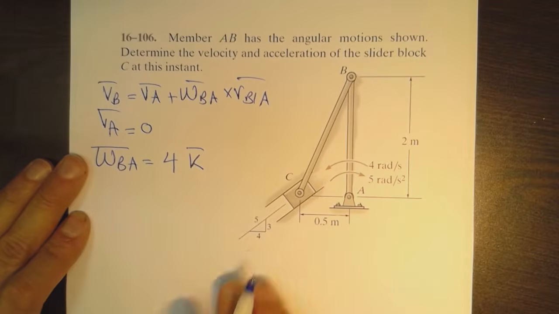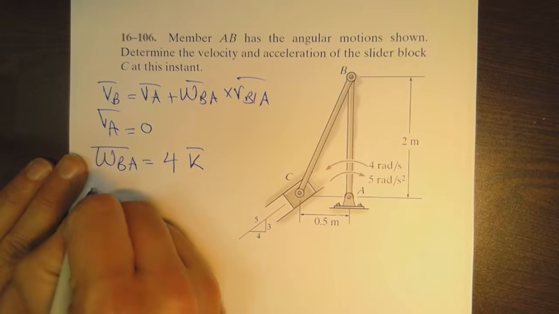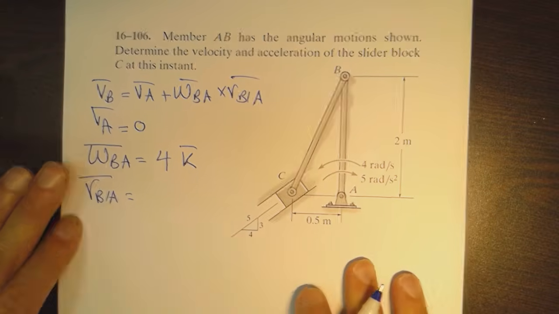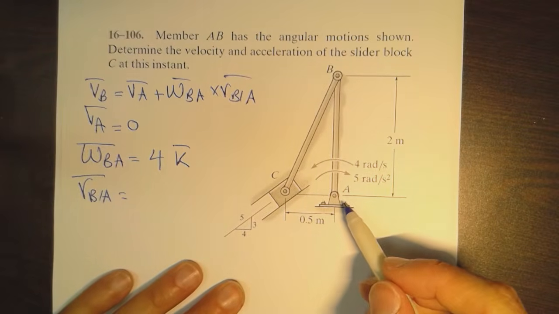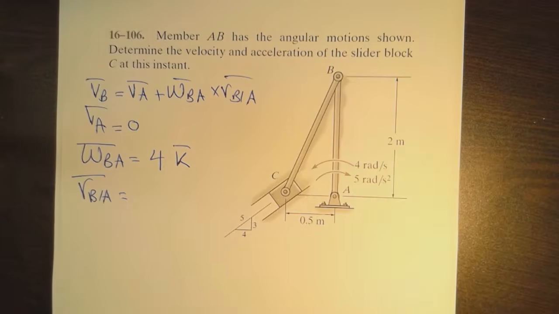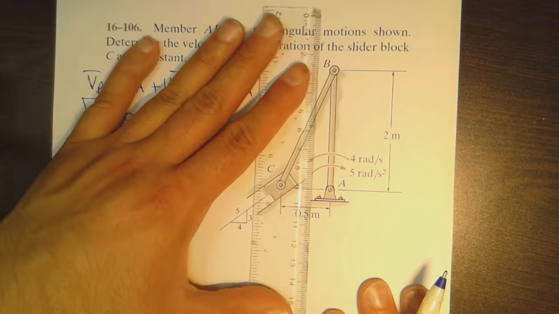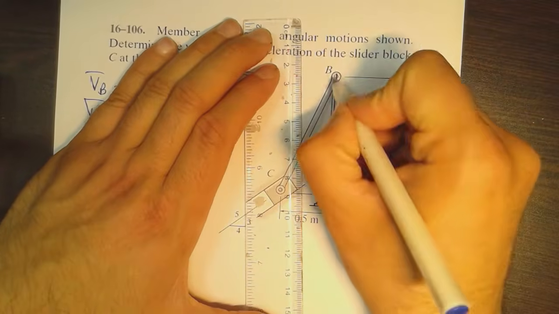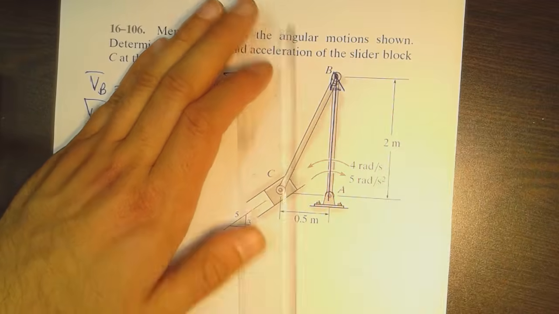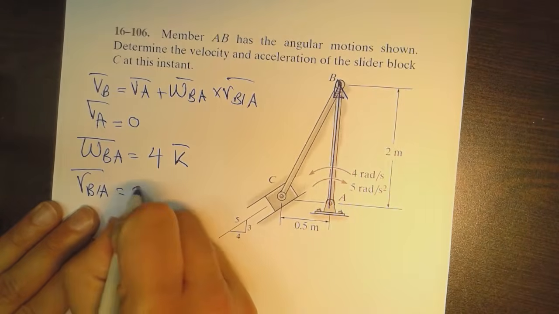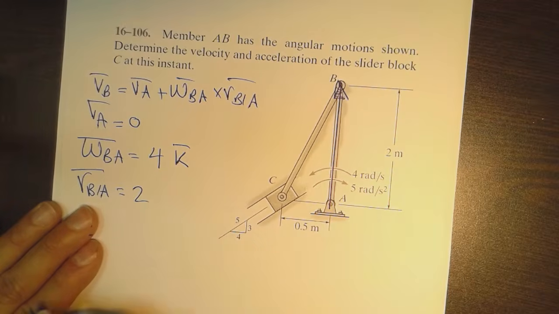For the vector RB with respect to A, it is an arrow which starts from A and ends at B. I'm going to draw this to illustrate. This is the vector that we have. The length of this vector is 2, and it is going in the positive y direction, so it is 2j.